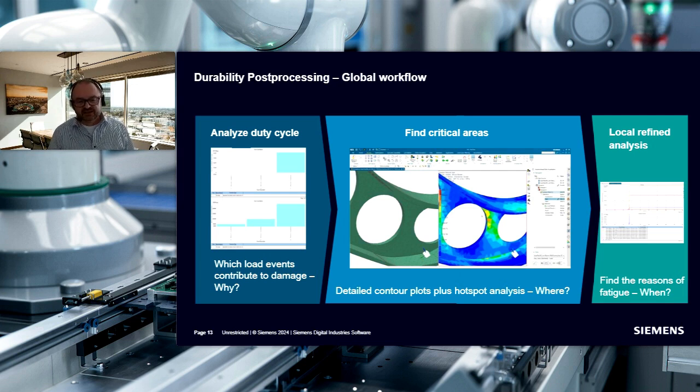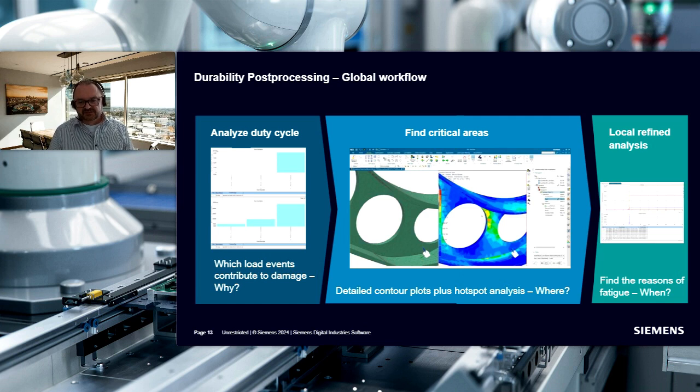Then you do a more detailed analysis directly on your finite element mesh, where you can get all kind of results, all kind of durability results, all kind of stress results. You can see what is the maximum stress occurring there, what is the maximum stress amplitude. You can see what is the safety factor with respect to fatigue, safety factor with respect to static results. Everything you can then see there directly on the complete mesh.